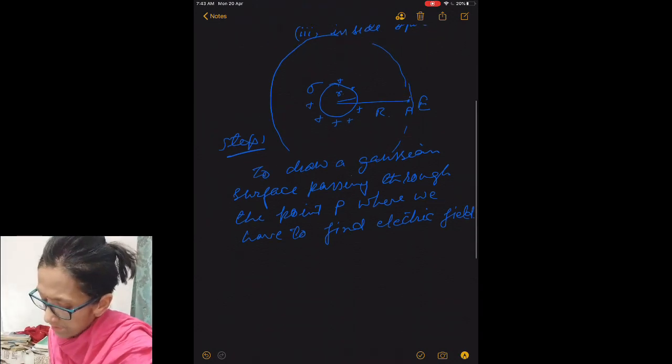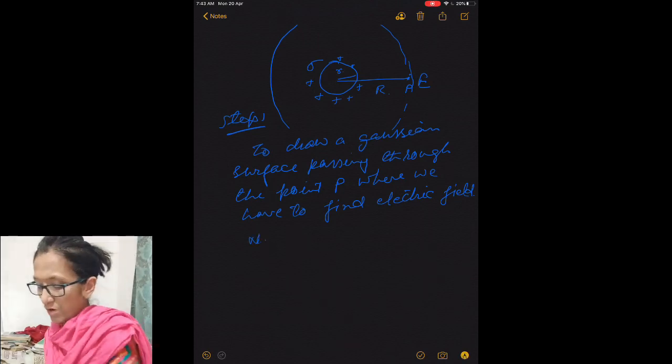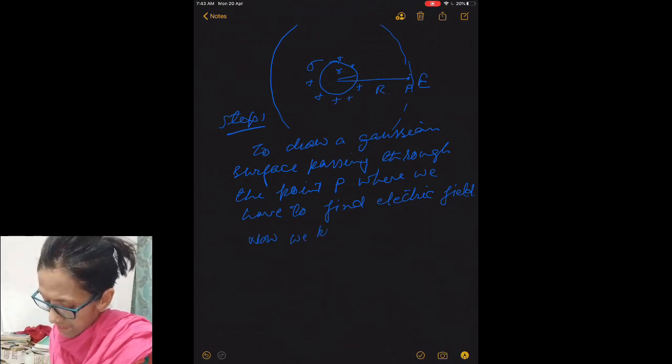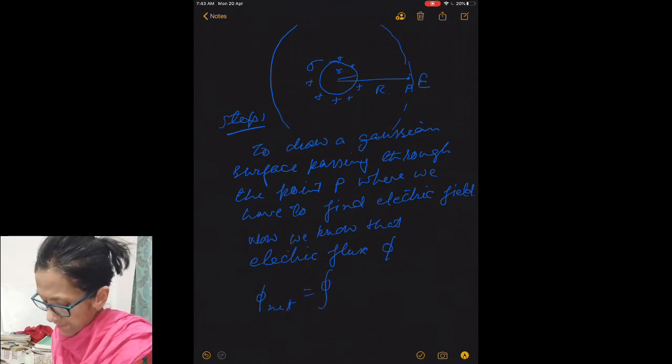Now, here is the Gaussian surface. From the definition of electric flux, we know that the net electric flux phi is equal to the surface integral of E dot dS, and it is equal to the charge enclosed divided by epsilon naught.